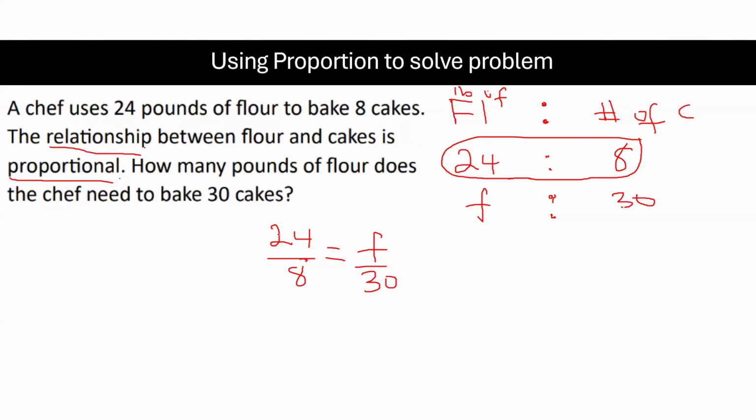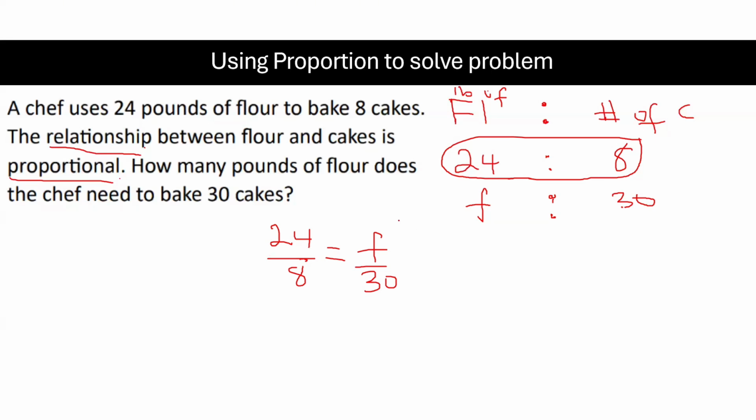You cannot have flour in one numerator and number of cakes in the other numerator. The name of the quantity must be the same in both numerators or both denominators, whichever one you want to use.